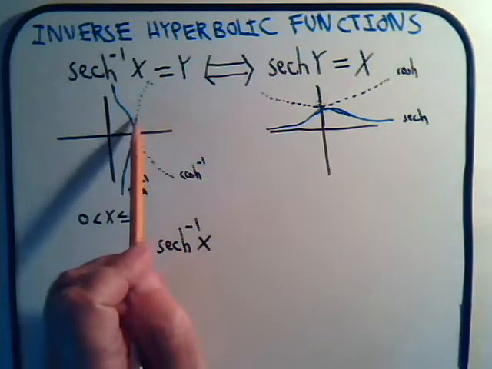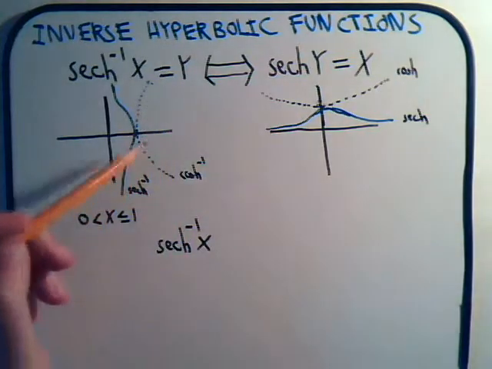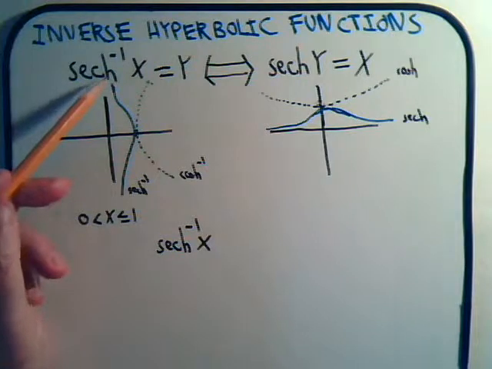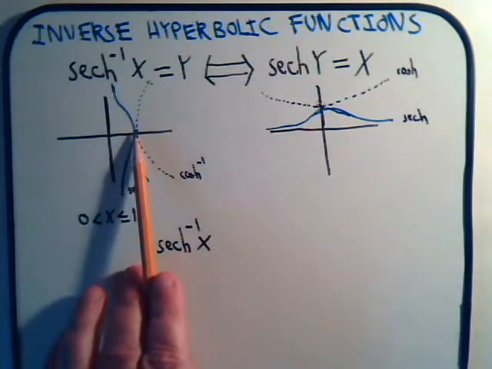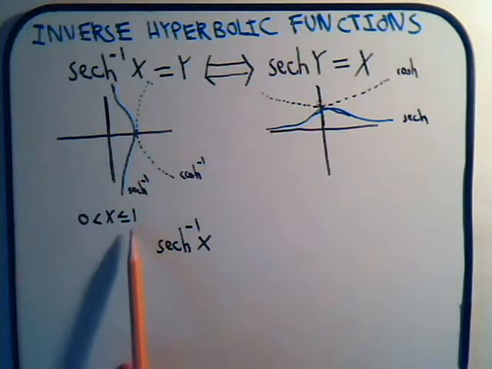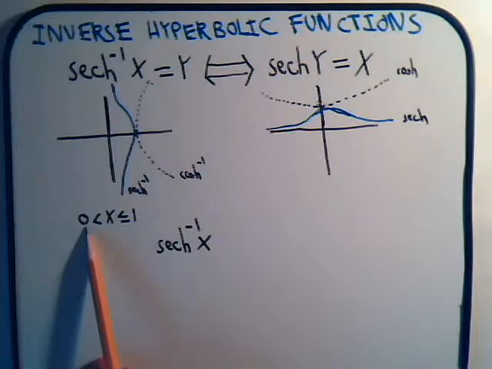And then as this assumes more positive values of x, this again falls off. So for the inverse hyperbolic secant, x can be less than or equal to 1, and it can approach 0, but it's always going to be greater than 0.